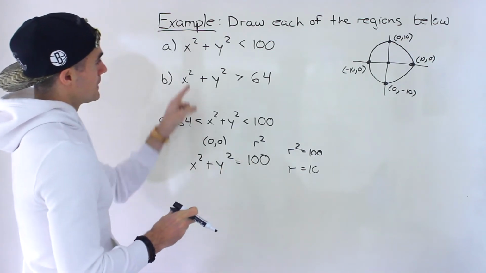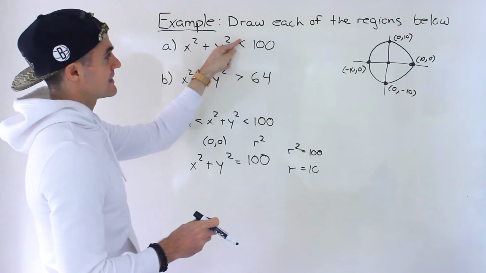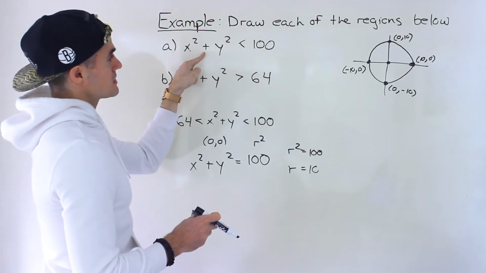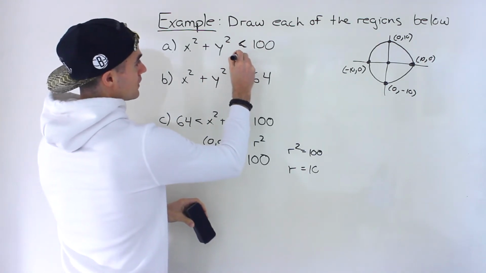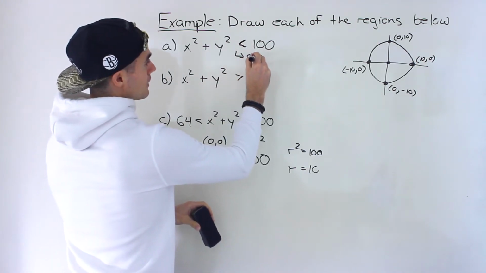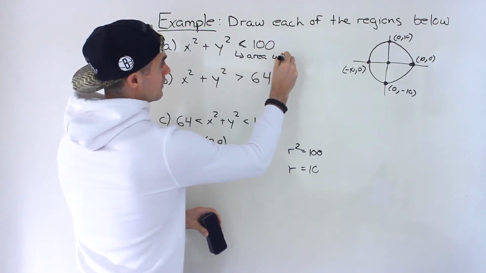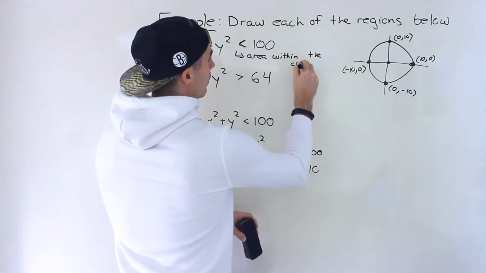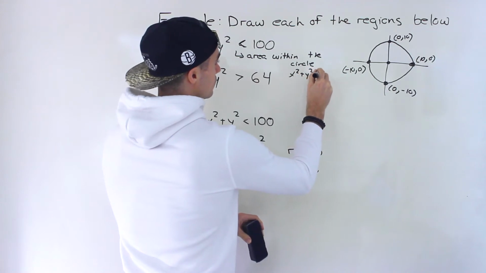But what does it mean when we have x squared plus y squared is less than 100? Whenever you have a less than, it's going to be the area or region within the circle x squared plus y squared is equal to 100.